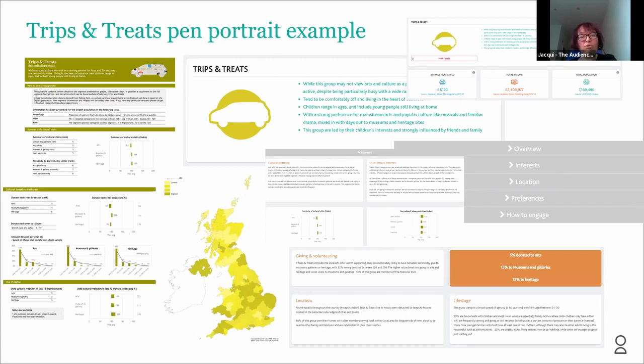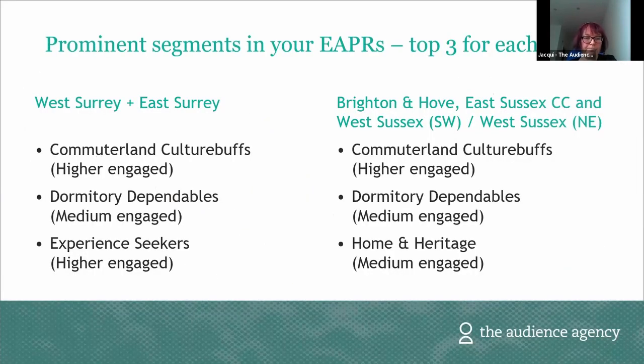So are they more likely to respond to what sorts of promotional activities? So that's an overview of the segmentation, and now we'll have a look at what the key segments are for your groups, for your catchment area.